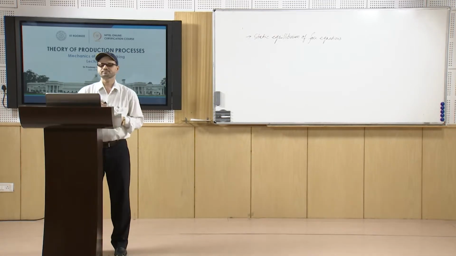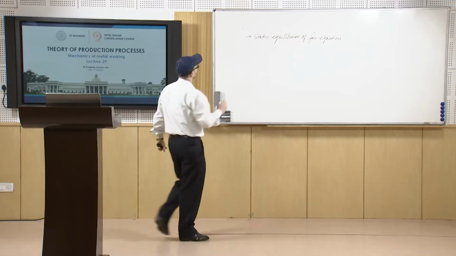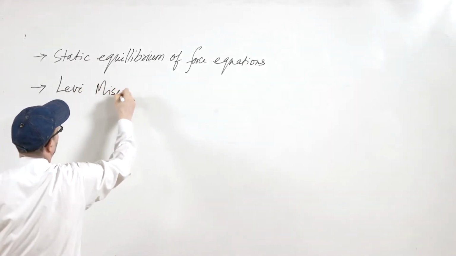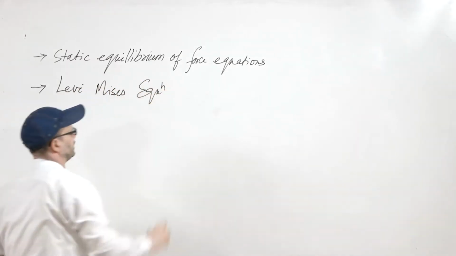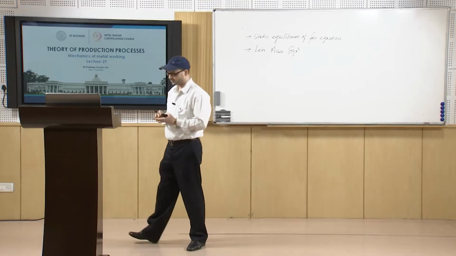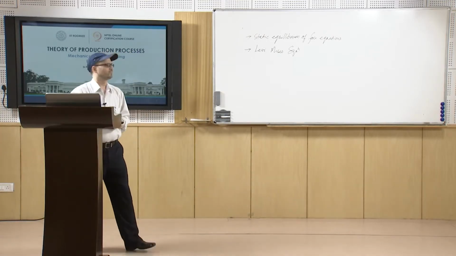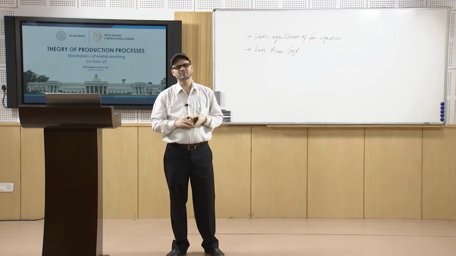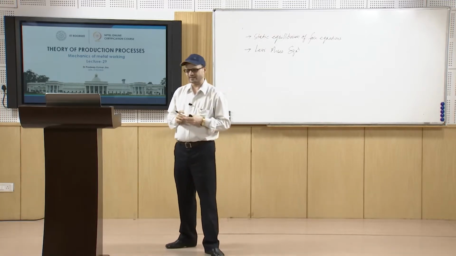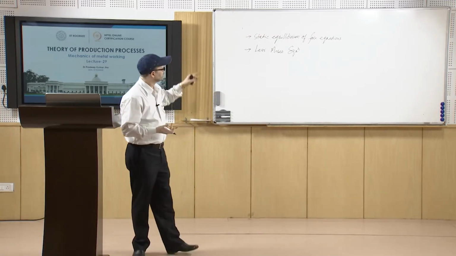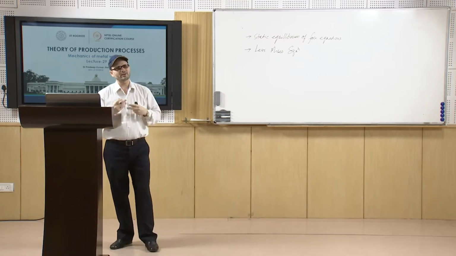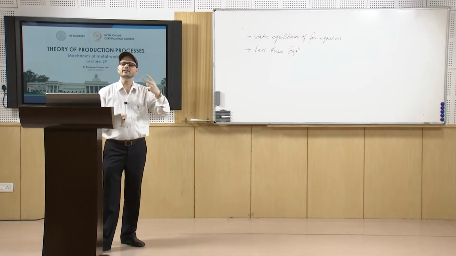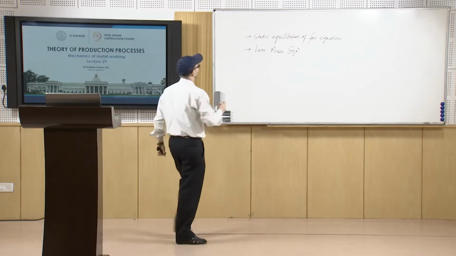Second is the Levy-Mises equation, which talks about the plastic stress strain relationships. This is the case of wholly plastic deformation, no elastic deformation, so it relates the stress to strain. Again you get 3 equations: 3 equations from the first case, 3 from the second case, and then you will have the yield criterion.